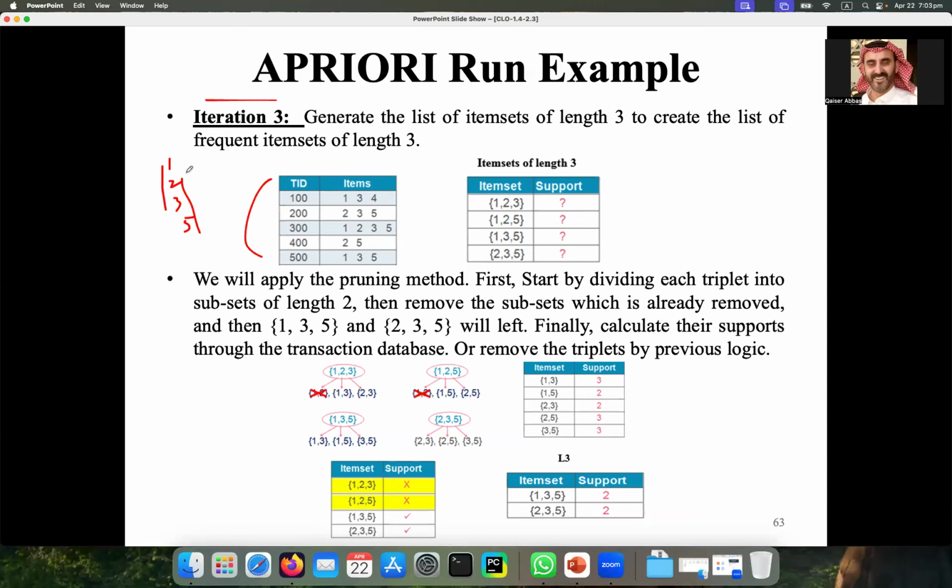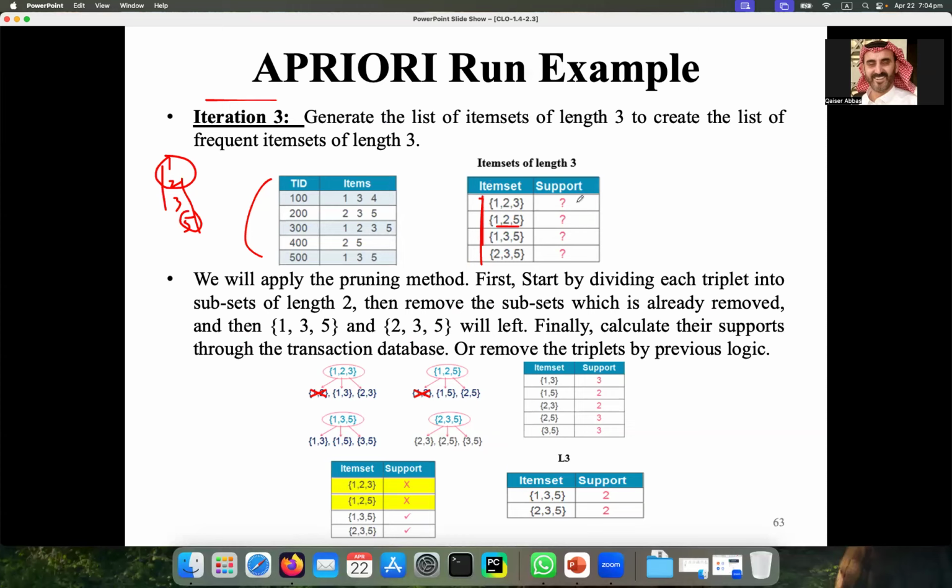Easy. The other is 1, 2, and 5. Yes, it is here. In this way, you can make all the possible triplets displayed here. You have to think, and you have to make all the possible permutations.